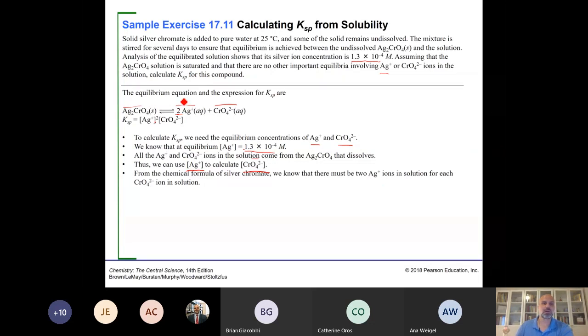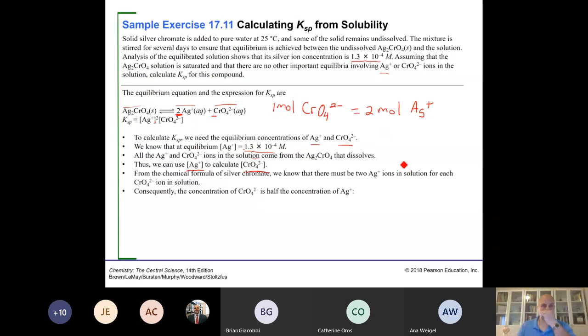All we're doing is, for every 1 mole of the chromate, we have 2 moles of silver ions. We're just using the stoichiometry of the equation here, so we can use this as a conversion factor.